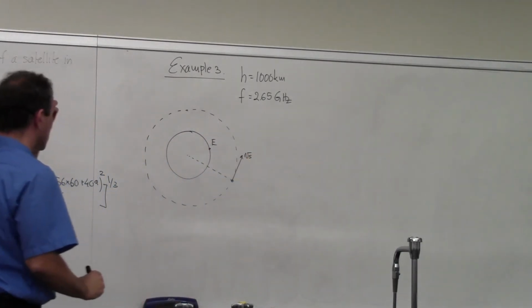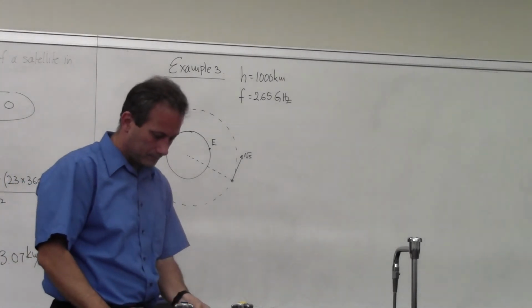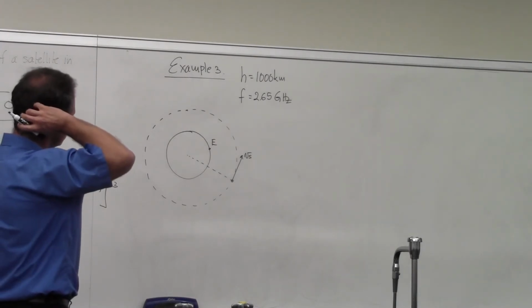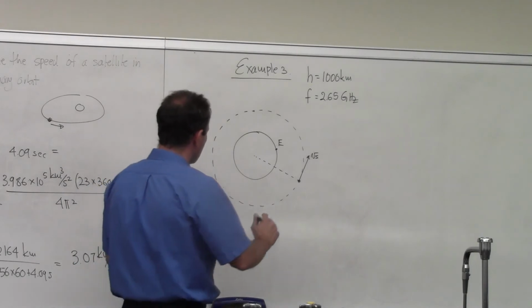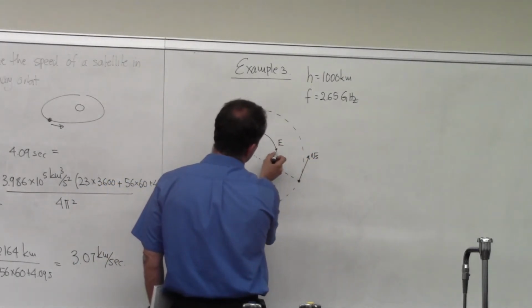And the question is, how do we calculate the maximum Doppler shift here? Well, this velocity can be decomposed into 2 components.